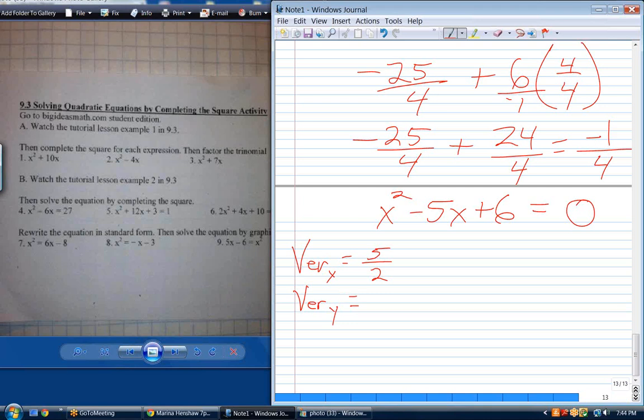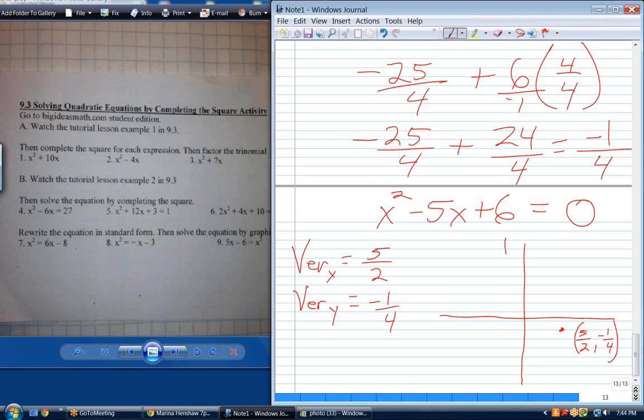So we figured out that the y-coordinate of the vertex is negative 1/4. Okay, now let's graph it. So we'll put the x-coordinate at 5/2, which is 2.5. We'll call that point there 5/2, comma, negative 1/4.